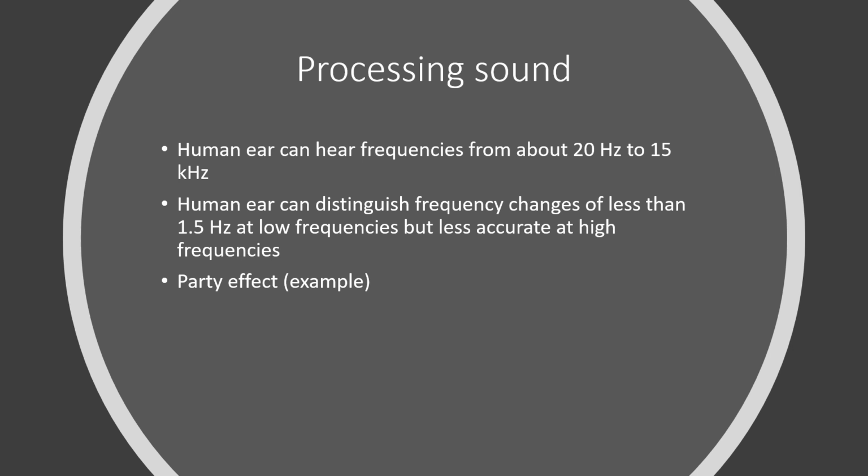Now, we can say that the human ear can hear frequencies from about 20 Hz to 15 kilohertz. It can distinguish frequency changes of less than 1.5 Hz at low frequencies, but is less accurate at the high frequencies.